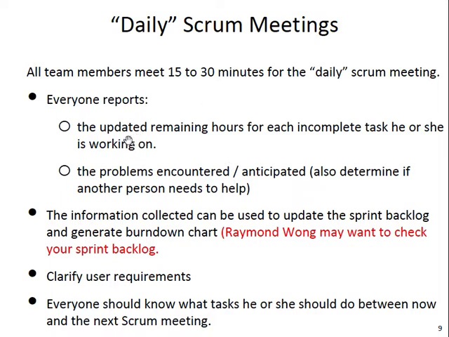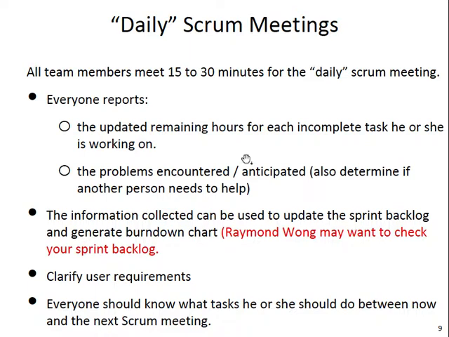And every day, in addition to reporting what problems you have encountered or you expect to encounter, you also need to report how much work is left. Okay, so why do you need to do that? That means if yesterday you reported, I need 3 more days to do my task, but today you said I still need 3 more days, then your teammate would know something's wrong, right?